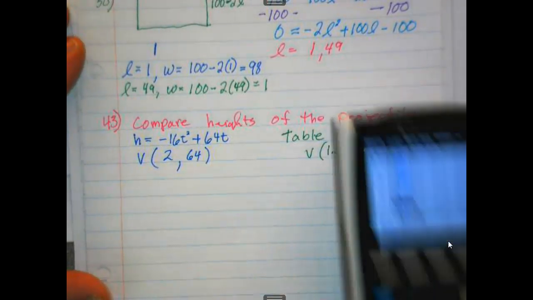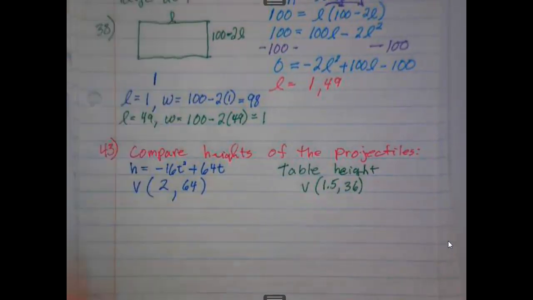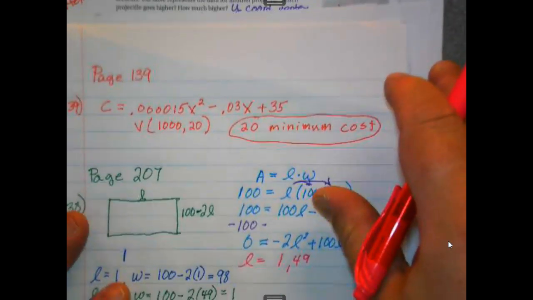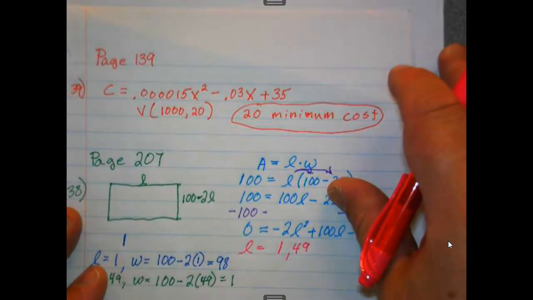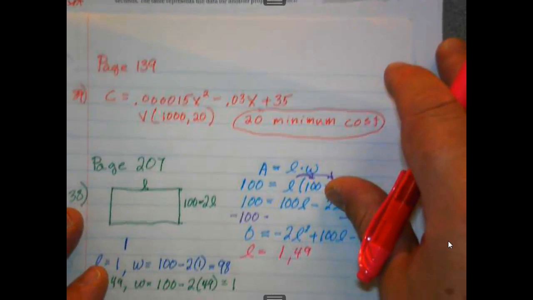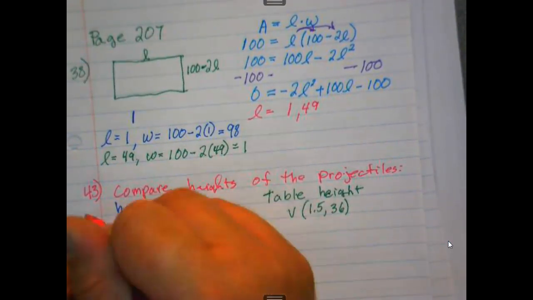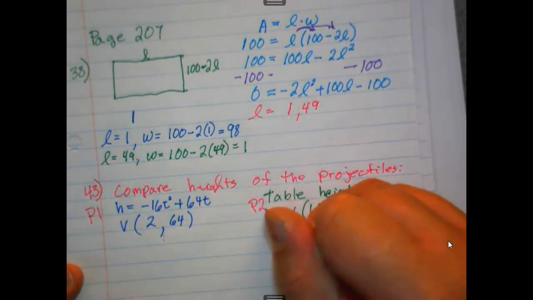Okay, which one's higher? Yeah, this one's higher, right? Is there a name or difference? What are they calling it? Nope. I'll just call this projectile 1. And I'll call this one projectile 2.